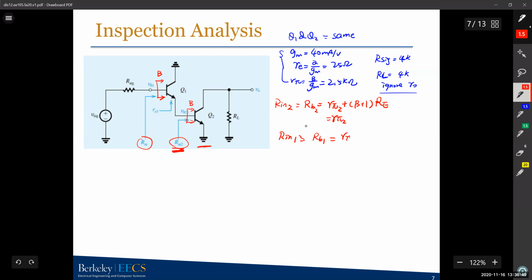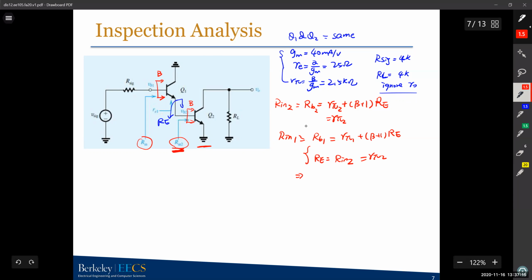It's still R pi 1 plus beta plus 1 times RE. Well, in this case, what's RE? It's the resistance at the emitter part. And your RE is actually R into. So it's R pi 2. You have a non-zero RE now.